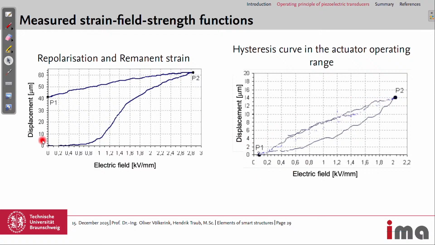So this is the polarization or repolarization, and we start with no displacement and no electric field. Then we apply the electric field above 2 kilovolts per millimeter and remove it again. Then we have the piezoceramic polarized, and we have this remanent displacement.